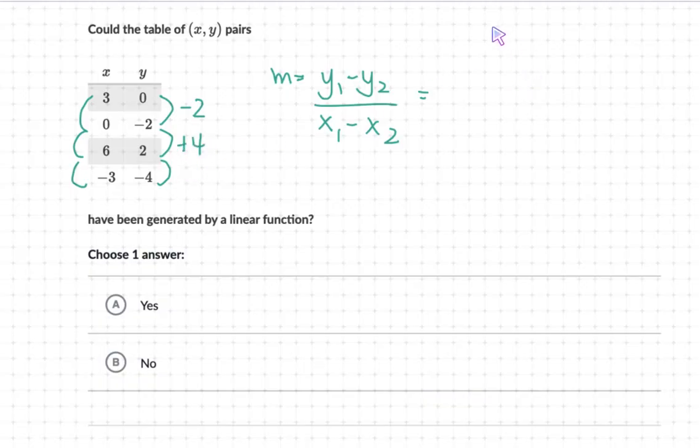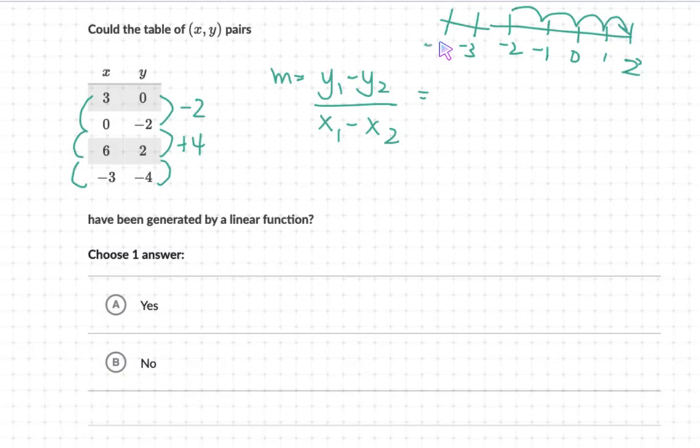So if I had -2, it's going forward 1, 2, 3, 4 spaces to get from -2 to +2. 2 to -4, it's going backwards 4 spaces plus another 2 more.